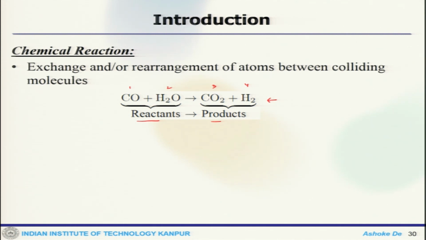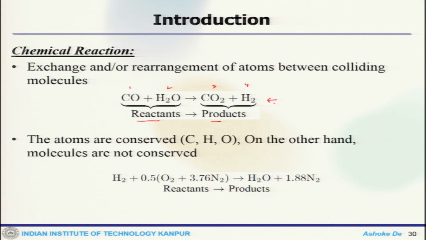When this kind of chemical reaction takes place, it is a rearrangement of atoms between colliding molecules. If you look at both sides of the equation, the atoms are balanced.